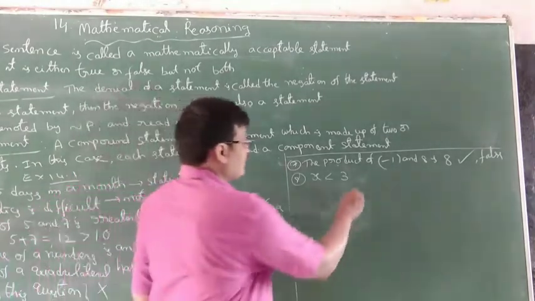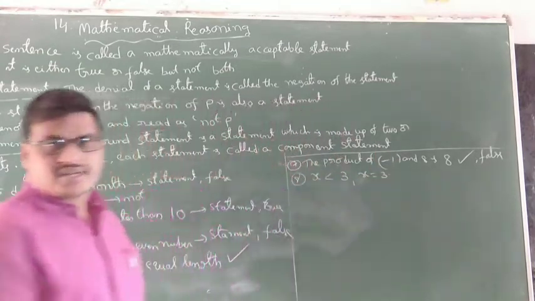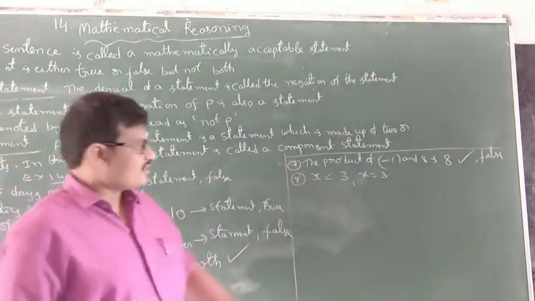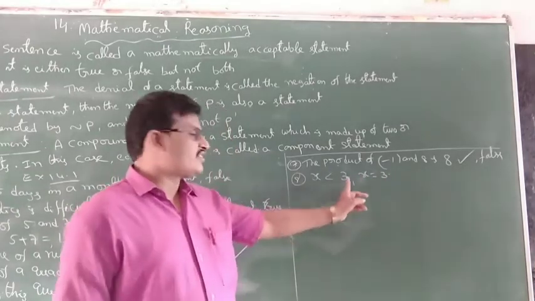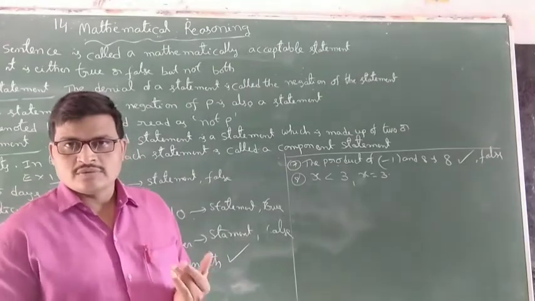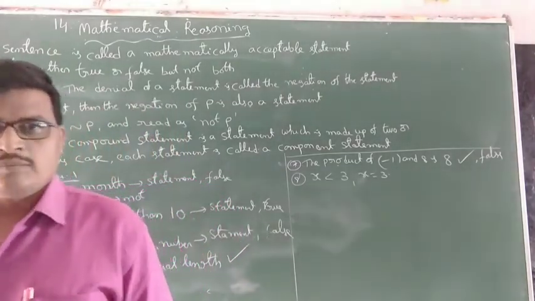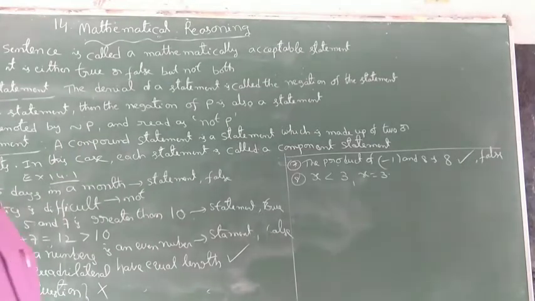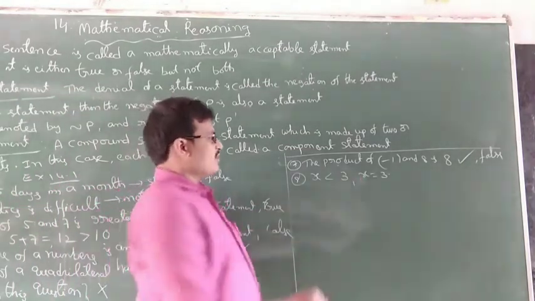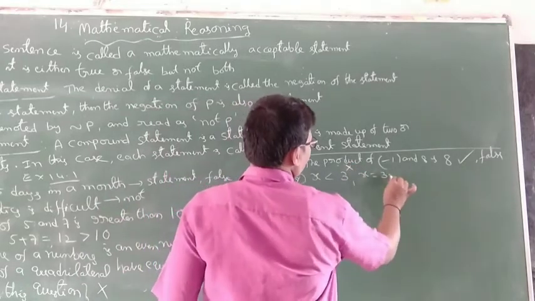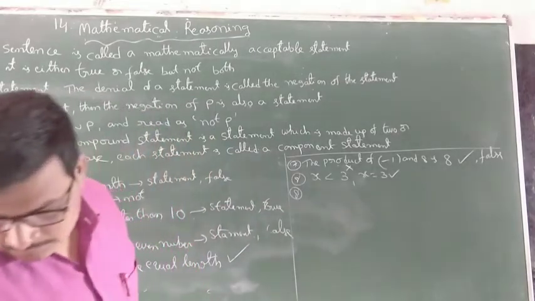But x equal to 3 means exactly 3, so this is a statement. X less than 3 means some members say 2, some say 1, minus 1, minus 2, so this is not a statement.